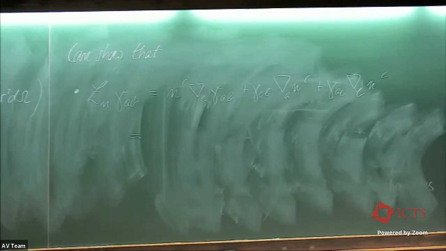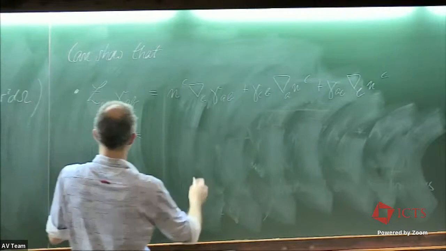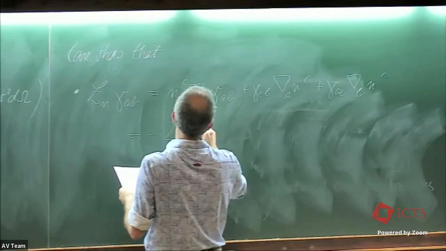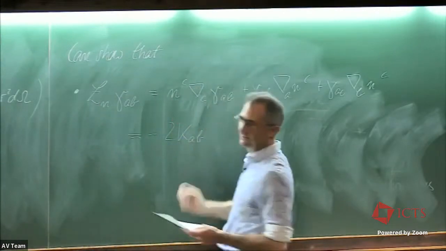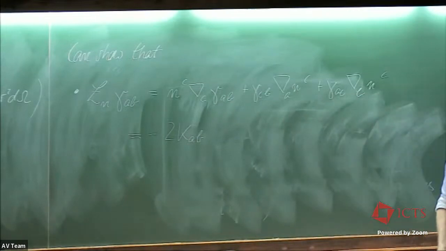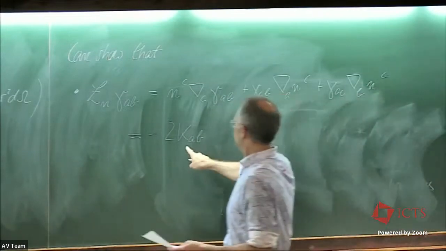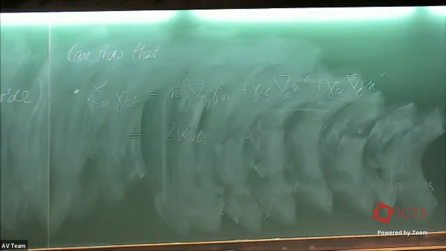Okay, and if you work out what that is, I'll just report the result to you, but I think I assigned that as an exercise also. It's actually not too hard. If you work this out, you will find that this is minus 2 K_AB, the extrinsic curvature. Okay, so now that is kind of neat. Previously we talked about the extrinsic curvature in terms of the rate at which the normal vector changes from one point to the other.